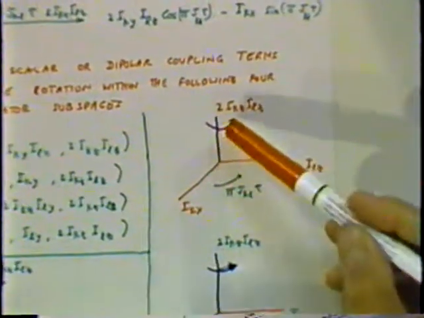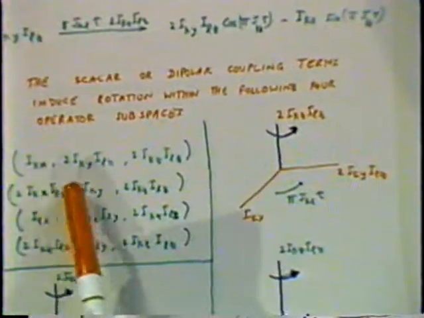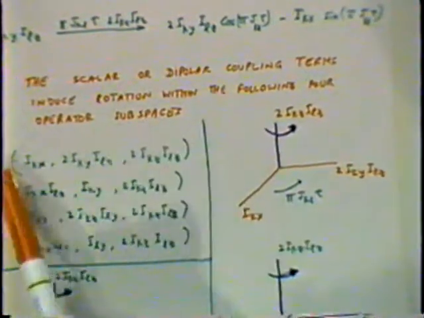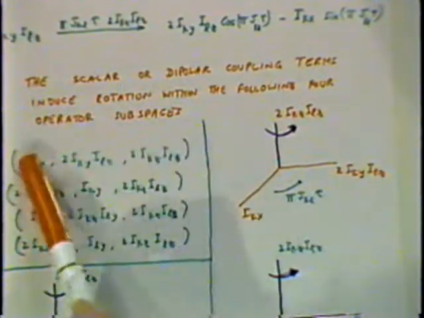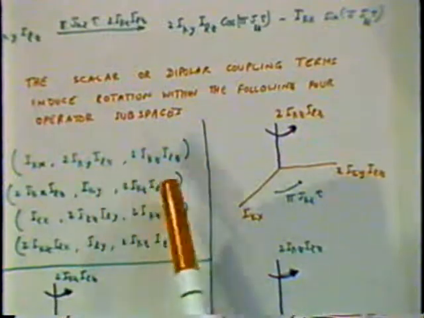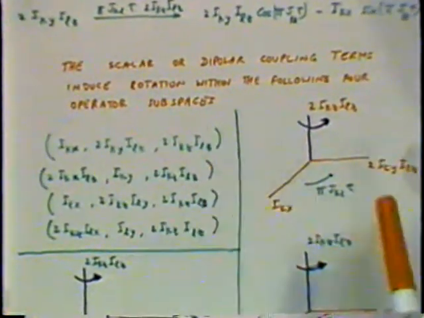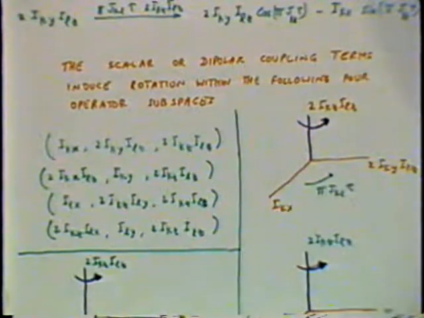Actually, one can then write them down in the form of a rotation in the operator spaces of these operators. For example, IKX, IKY, ILZ, IKZ, ILZ form a Cartesian subspace, and they represent a rotation in this subspace.